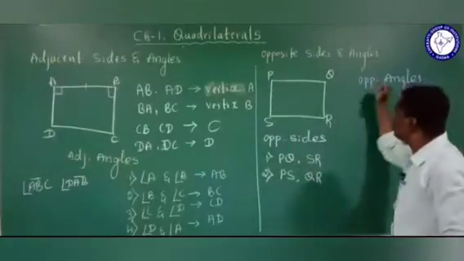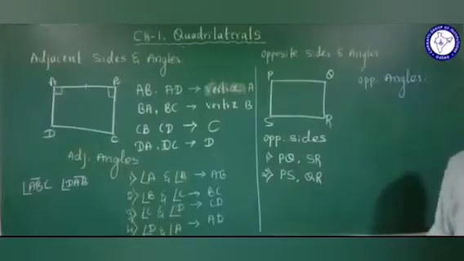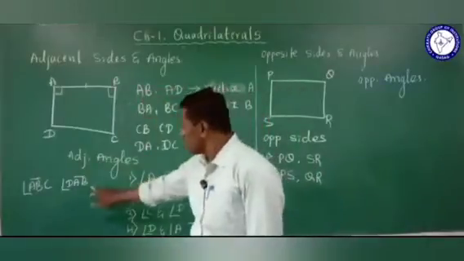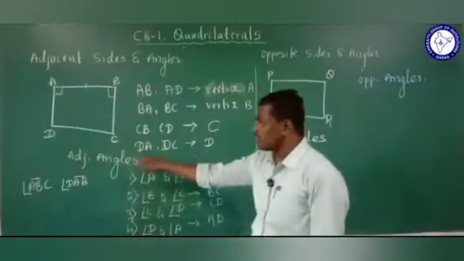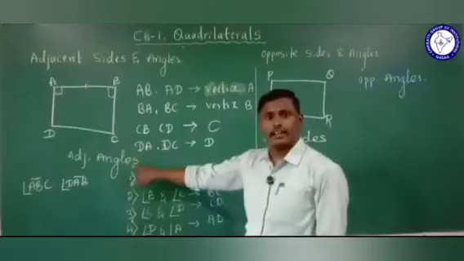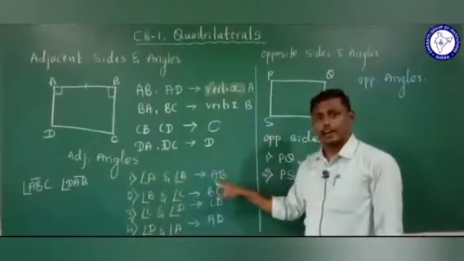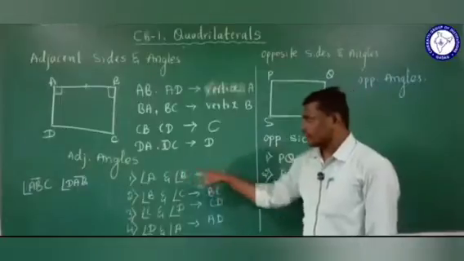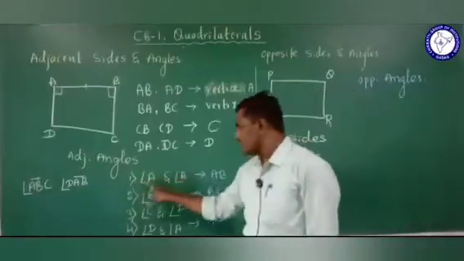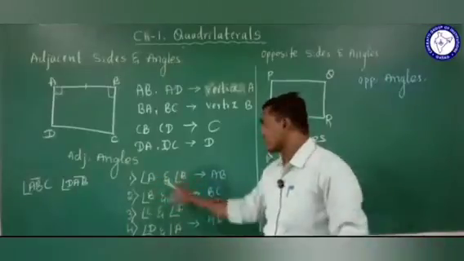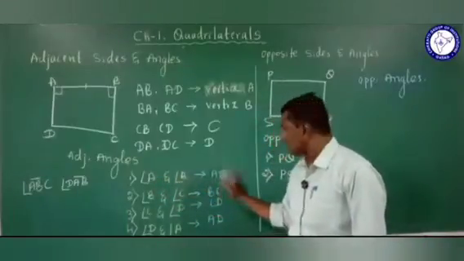So how are you going to explain the opposite angles? Just move to the previous concept, that is adjacent angles. In adjacent angles we have one common side, right? You are observing here in adjacent sides AB, angle A and angle B, these two angles are formed by the common side AB.